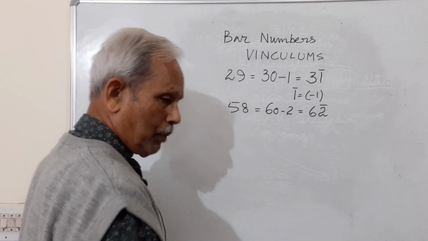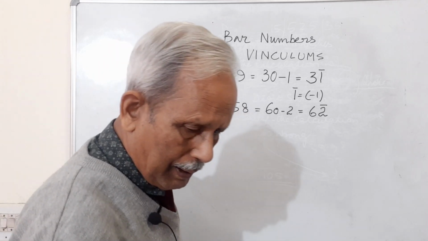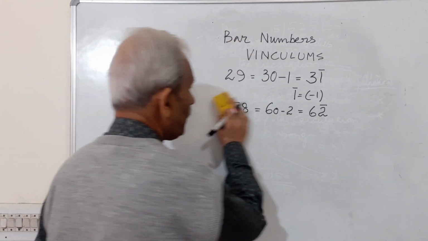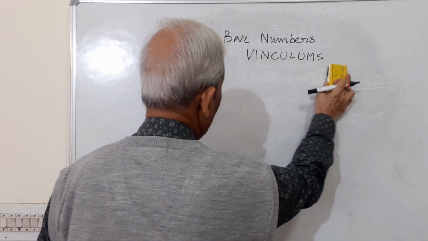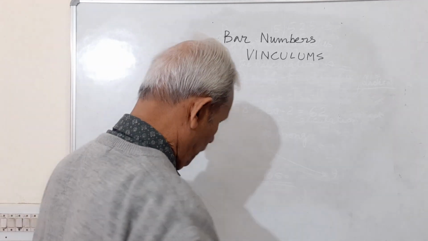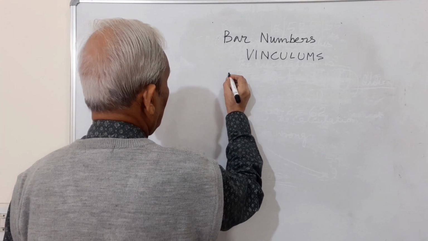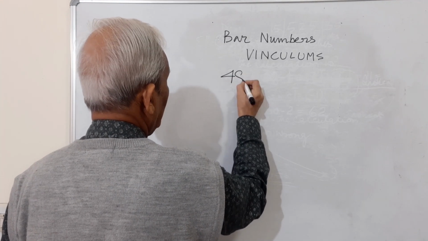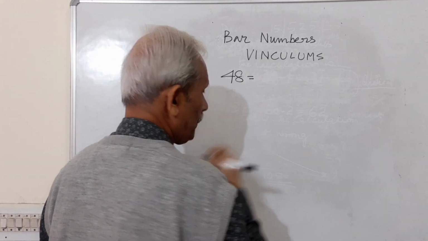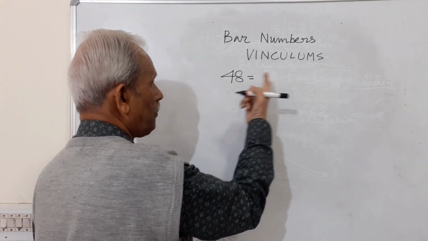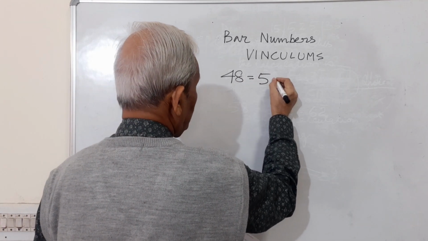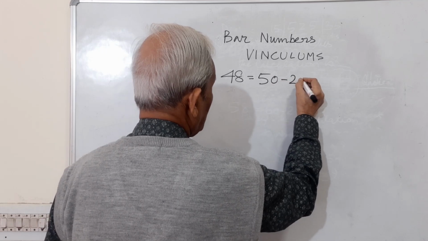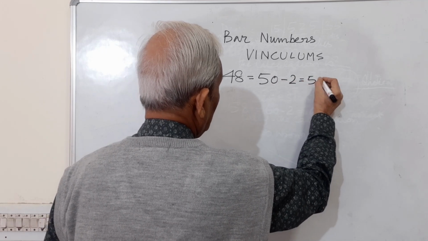Well, I'll give you some more examples so that you can really understand it very carefully. Be very careful in understanding this. I take an example of, say, 48. It can be converted into, you can think of 50 minus 2. And 50 minus 2 can be written as 5, 2 bar.